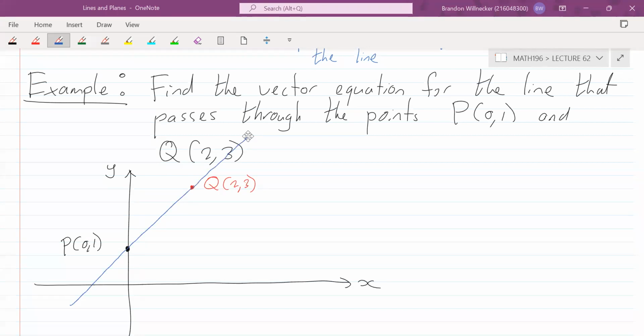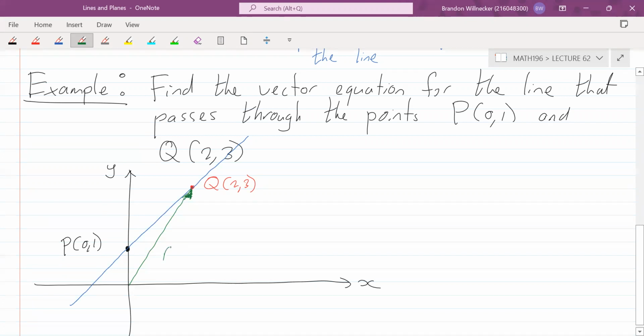Okay, so first we need our r naught value. That is just any point that is along this line. So we can choose the vector that goes to P, or we could choose the vector that goes to Q. It doesn't matter as long as it's on the line. So let's choose Q. From the origin to Q, we draw our vector like that.